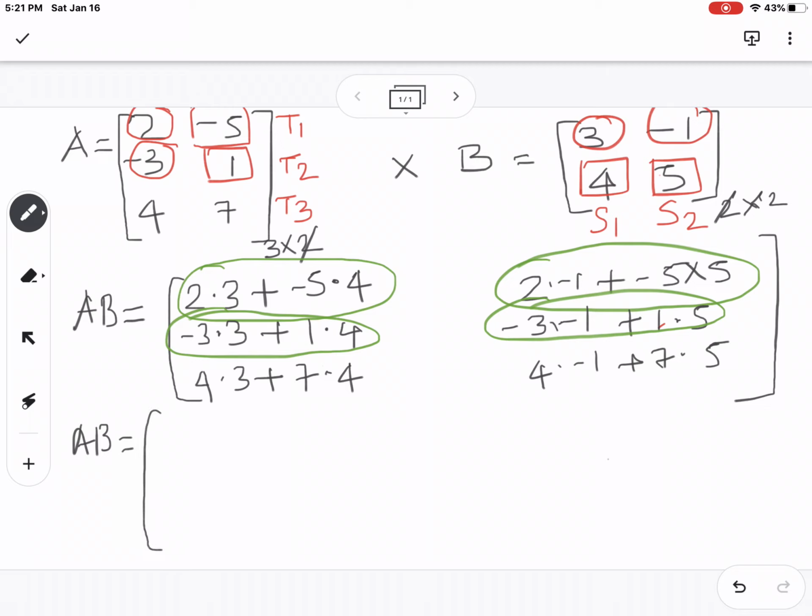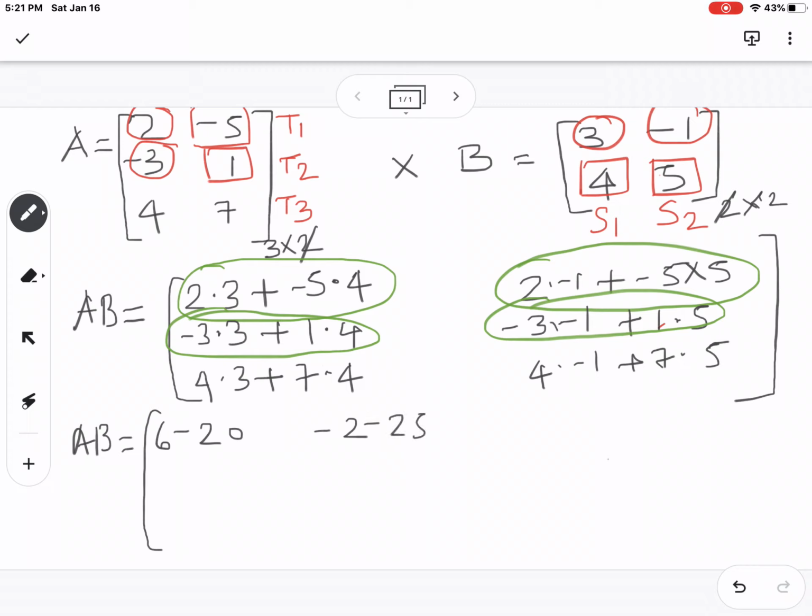So 2 into 3 is 6, minus 5 into 4 is minus 20. So you have this. 2 into minus 1 is minus 2. Minus 5 into 5 is minus 25.